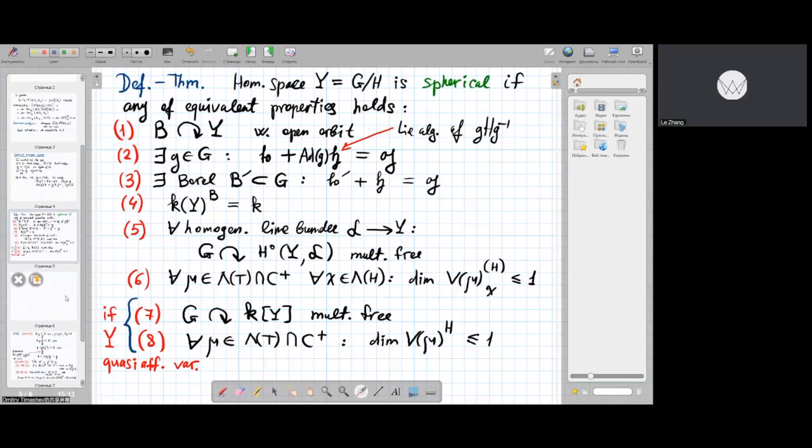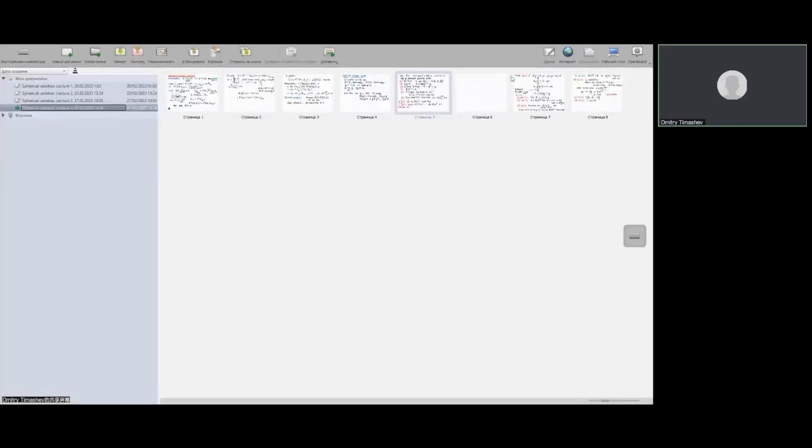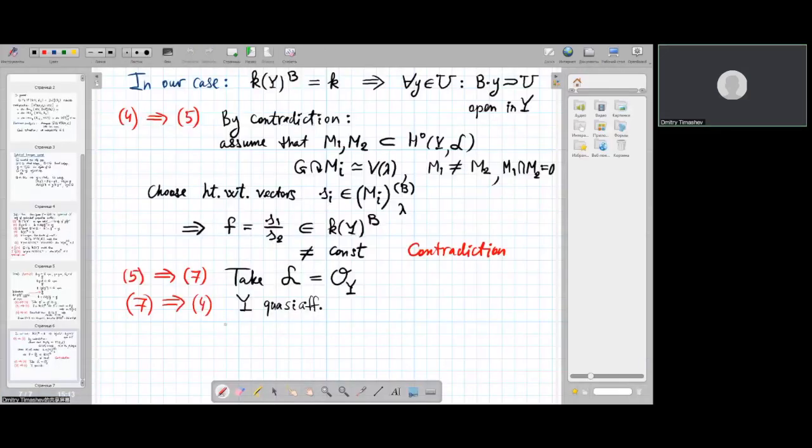Yes, but let me erase it. I'm sorry for the mess. Let me erase this empty page. Okay. And then let me turn back to my last page.